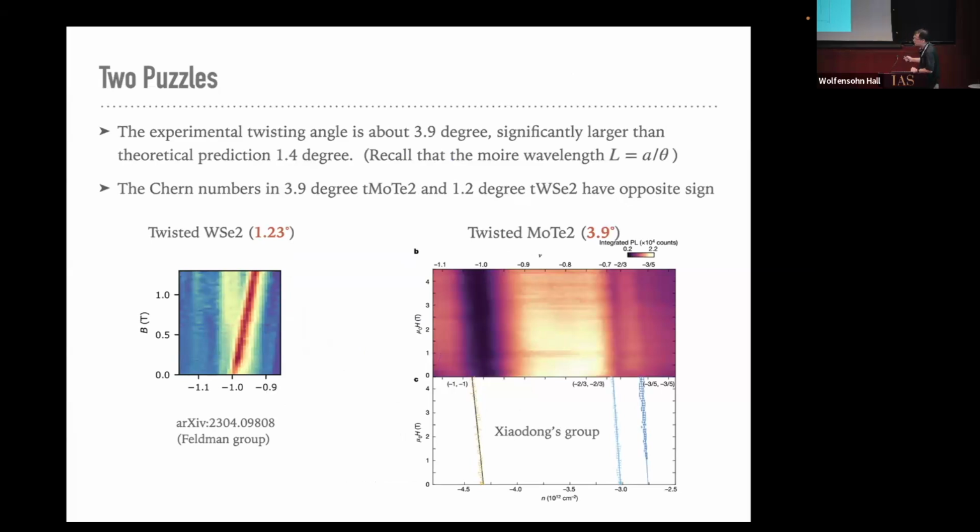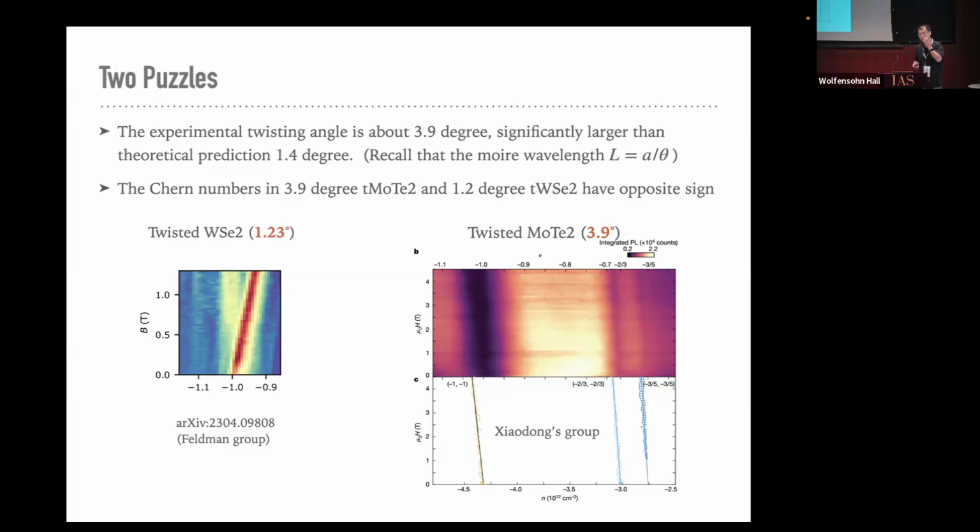But in the phase diagram that I just showed you earlier, the prediction is 1.4 degrees. You can say, of course, experiment and theory cannot always match, right? The theory shouldn't be too arrogant. But 1.4 degrees and 3.9 degrees, that's actually a huge difference. Right? That's 2.5 times smaller in terms of the Moiré potential. So something is probably wrong with the original modeling.